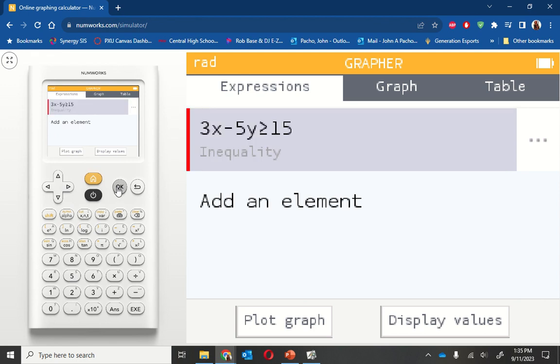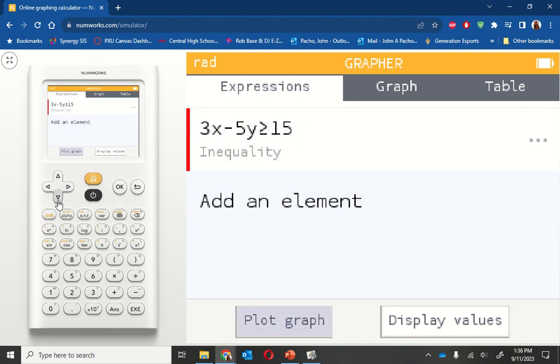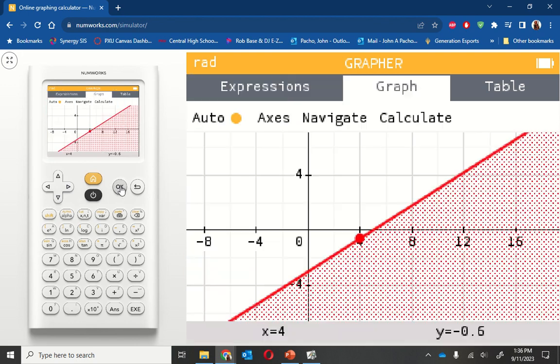Hit OK. I got the inequality here. How do I put the y? Alpha 3. Let's go down to the plot. Hey, look, there it is.